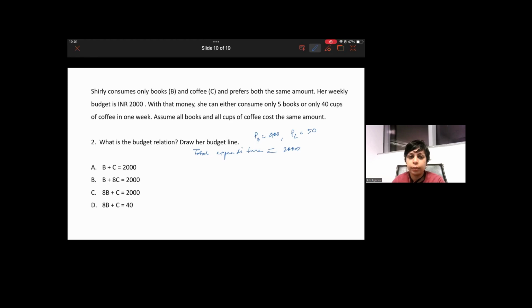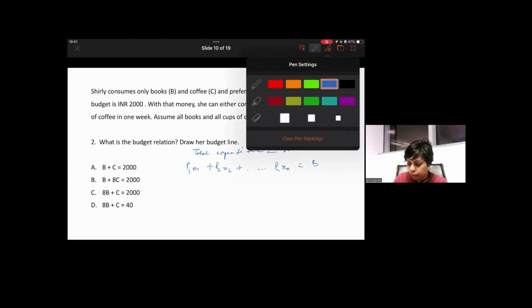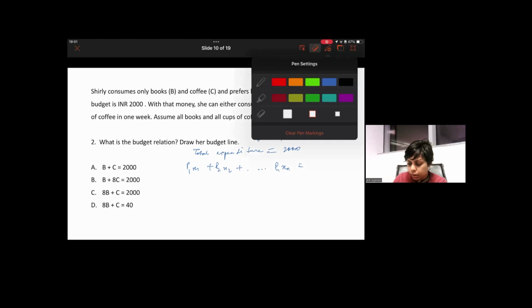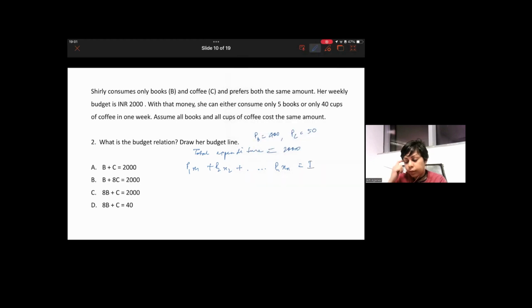So, what is the amount spent on books? Number of books into price, right? So, this is the universal relation: P1x1 plus P2x2 plus and so on up to Pnxn is equal to the budget. If I write it as B, or let's use income if we are just taking income as the constraint. Now, in this case, we have only two goods.